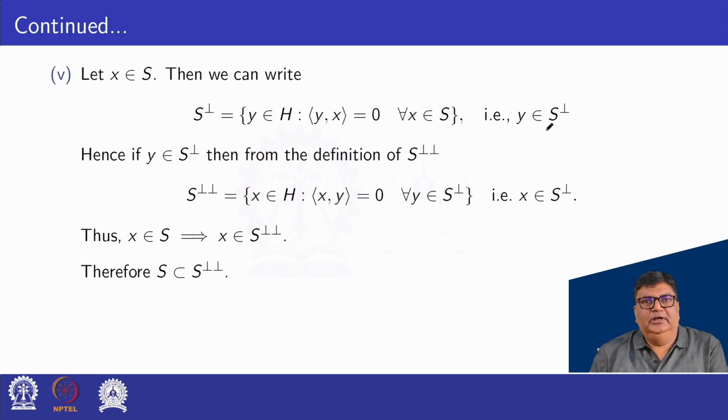Hence, if y belongs to S perpendicular, then from the definition, S double perpendicular is defined as the set of x in H such that the inner product of x with y is equal to 0 for all y belonging to S perpendicular.